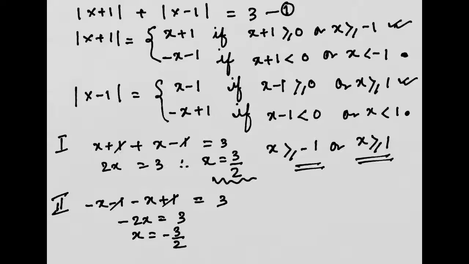Now I check whether it matches the two conditions, x less than minus 1 and x less than 1. See, this value of x, minus 3 by 2, matches both conditions. Yes, minus 3 by 2 is less than 1, and yes, minus 3 by 2 is also less than minus 1. So for this equation we have two solutions, x equals plus or minus 3 by 2.